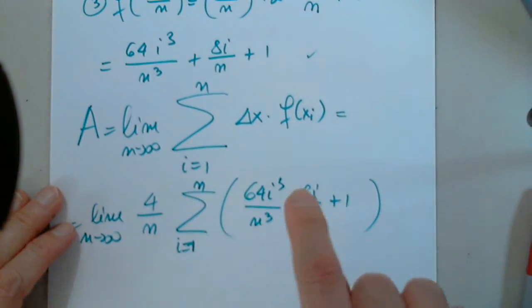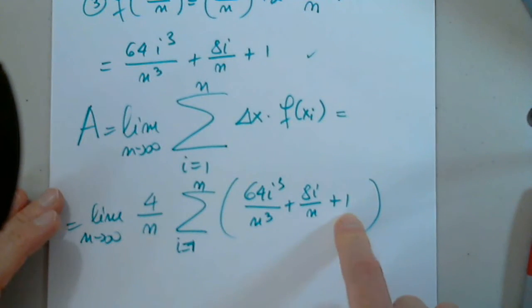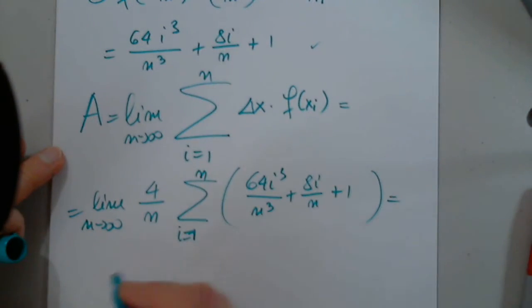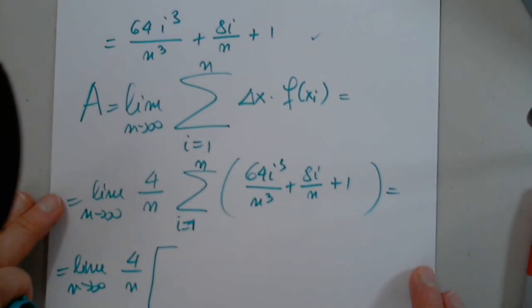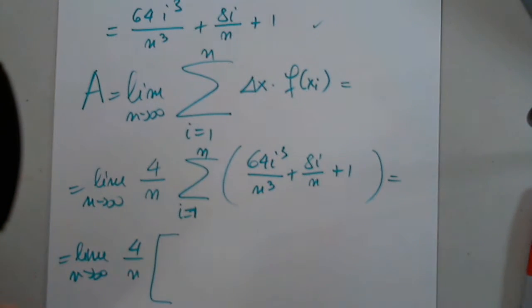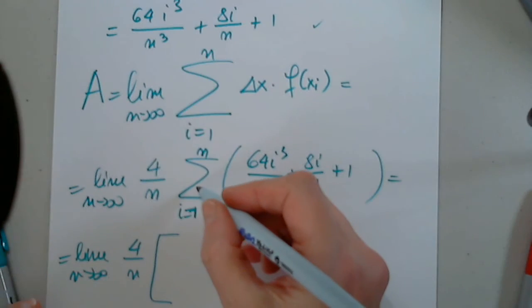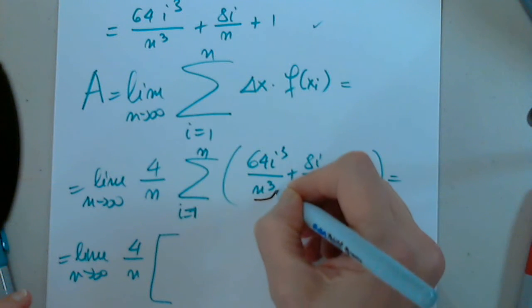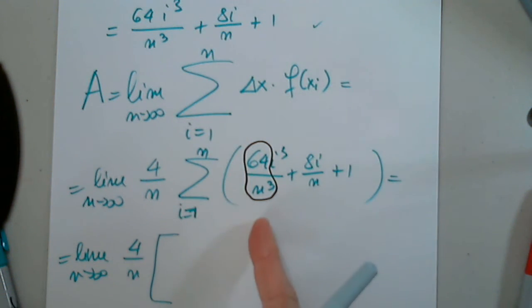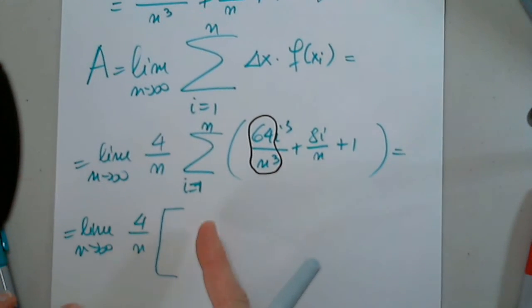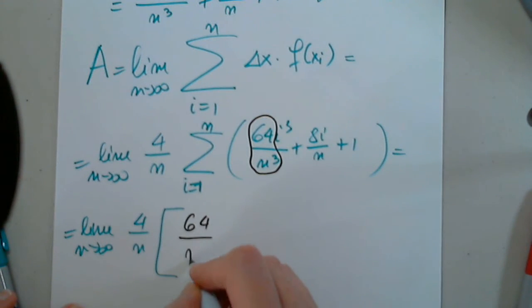So limit as n approaches infinity, 4 over n. Now we can cut back on writing if you want. You can say no and I will not. When I apply the sum to this term, I will take this already outside of the summation notation because it's a constant. If you say no, then I will rewrite it.